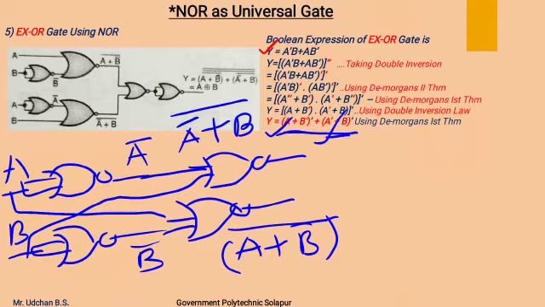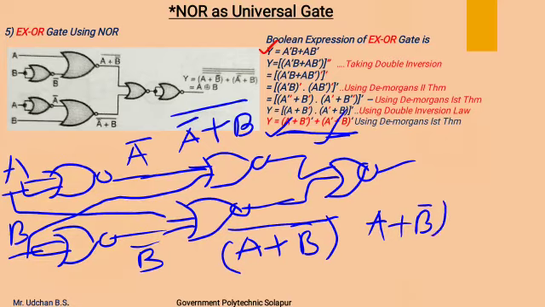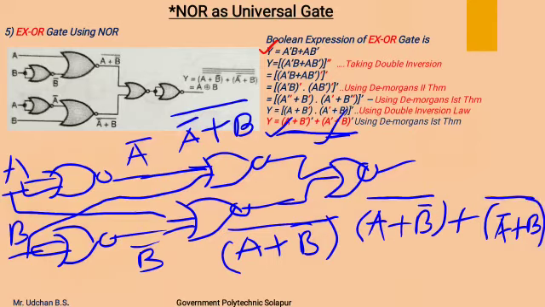To get this whole term I will take another NOR gate. I will connect both these outputs to this one. Here I will get A plus B complement, its complement, plus A complement plus B, its complement and its whole complement.